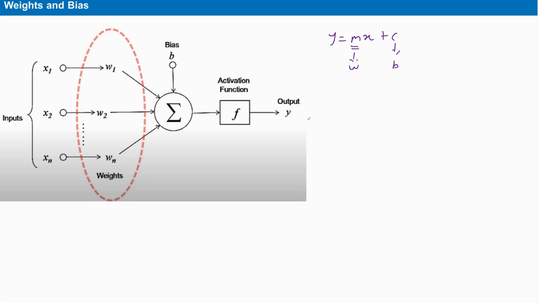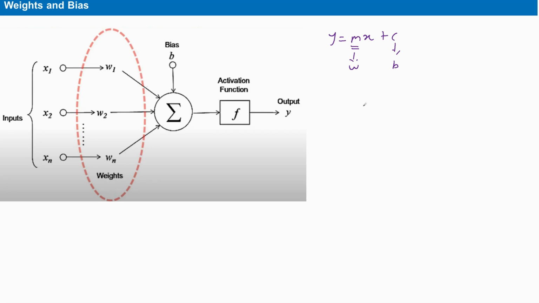The bias gives extra flexibility to make your hypothesis fit better. How does it give that?